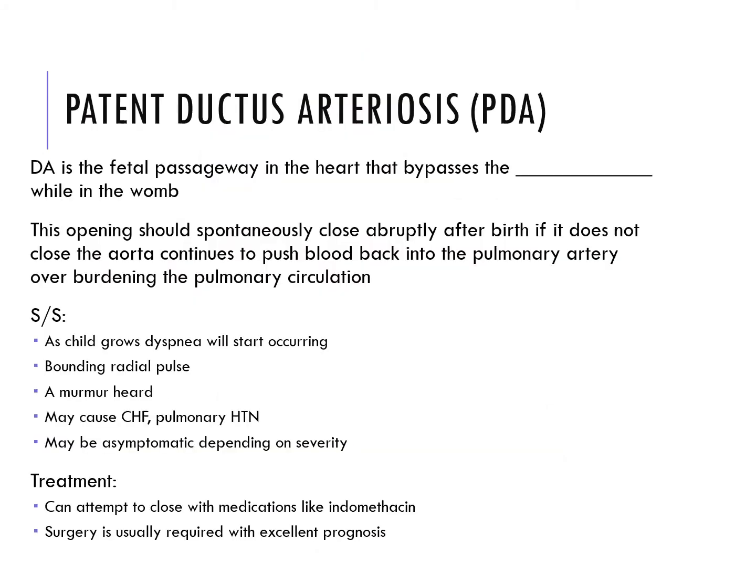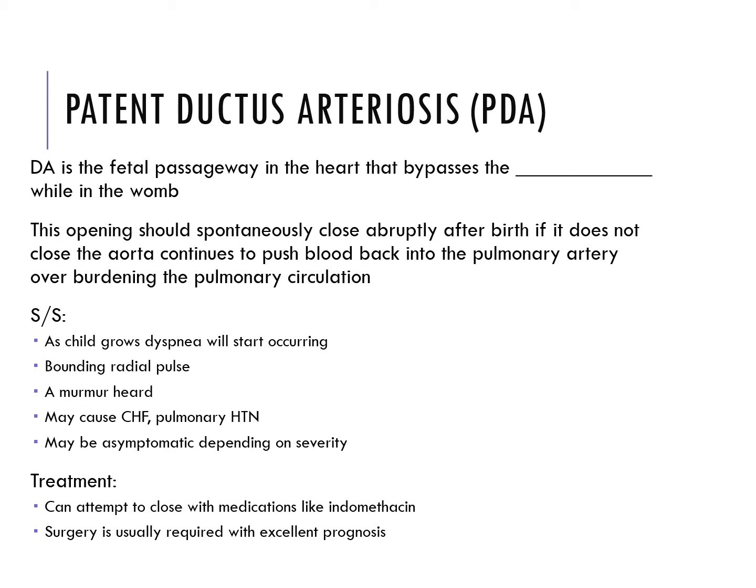So remember that the ductus arteriosus is the fetal passageway in the heart that bypasses the lungs while in the womb. This opening should spontaneously close abruptly after birth. If it does not close, the aorta continues to push blood back into the pulmonary artery, overburdening the pulmonary circulation.